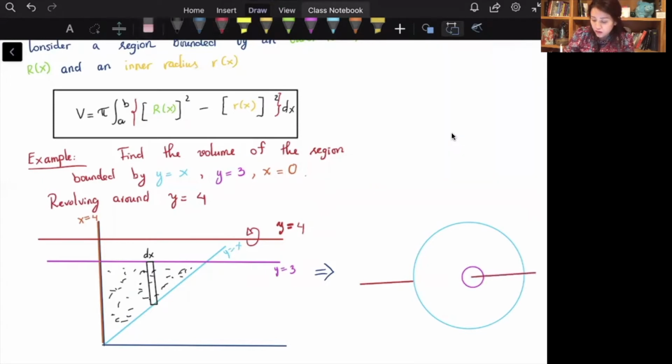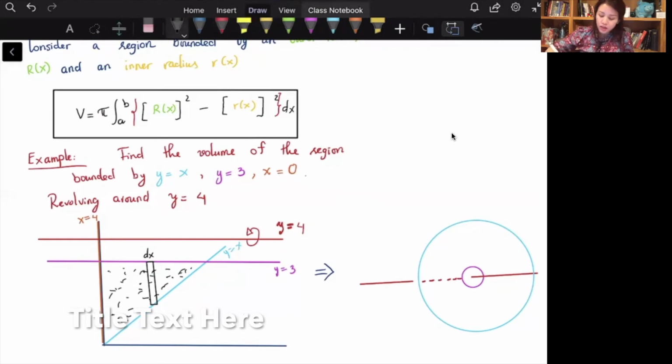Try to be neat so you can see the picture. Oops, sorry about that. All right, so my slice dx is right here on the disk.